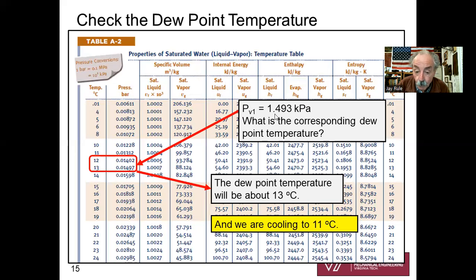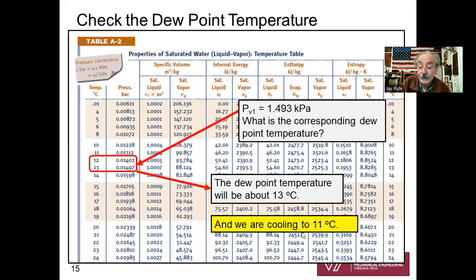So we got 1.493 at state 1 for partial pressure PV1. Let's shop around in our temperature table. It's almost an exact match with 13 degrees C, so the dew point temperature here is going to be a little shy of 13 degrees C.